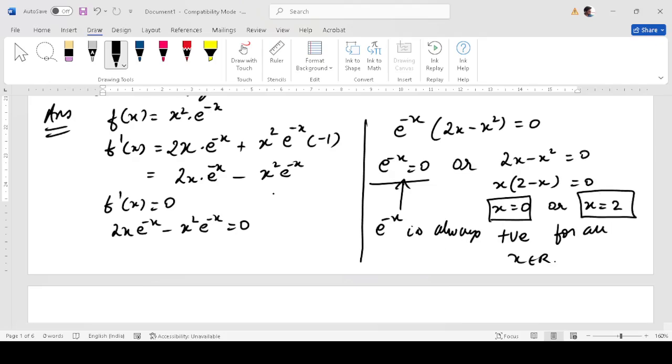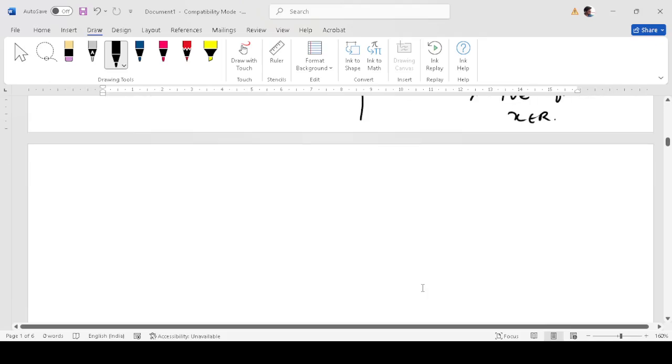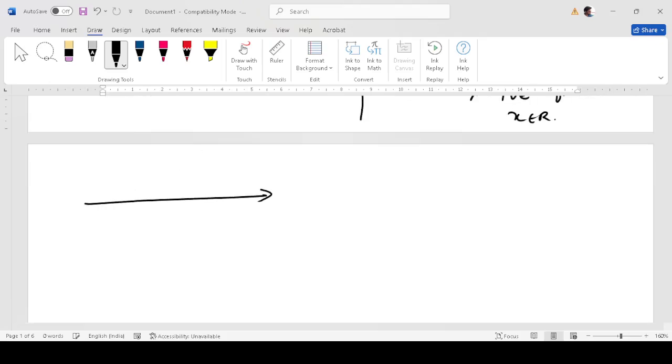What we need to notice here is that the coefficient of x square is negative. So when you are doing the wavy curve by putting 0 comma 2, we will not start with a plus sign, we'll start with a negative sign actually, and then alternate it.